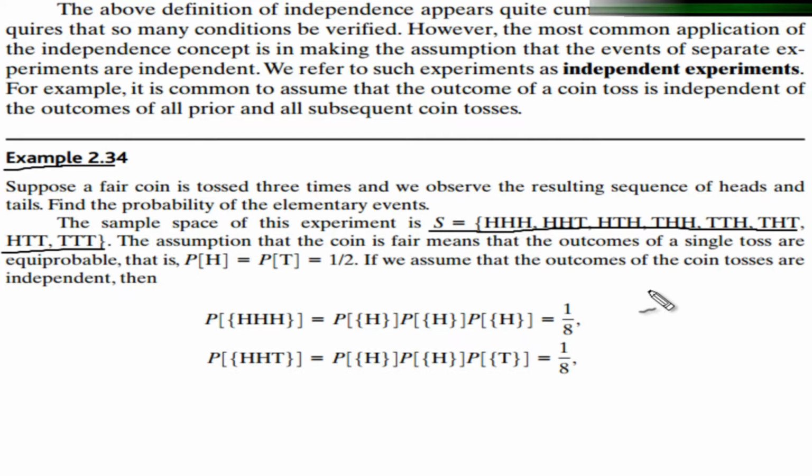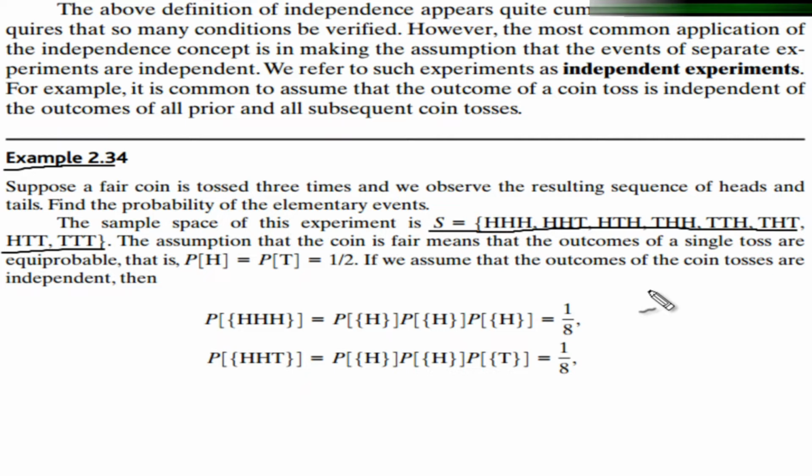independence of events. Here you can see that in a coin toss either you can get heads or tails, and getting heads or tails are basically independent of each other. If you toss a coin and you get heads, then in the second toss, the result will not depend upon the previous result.